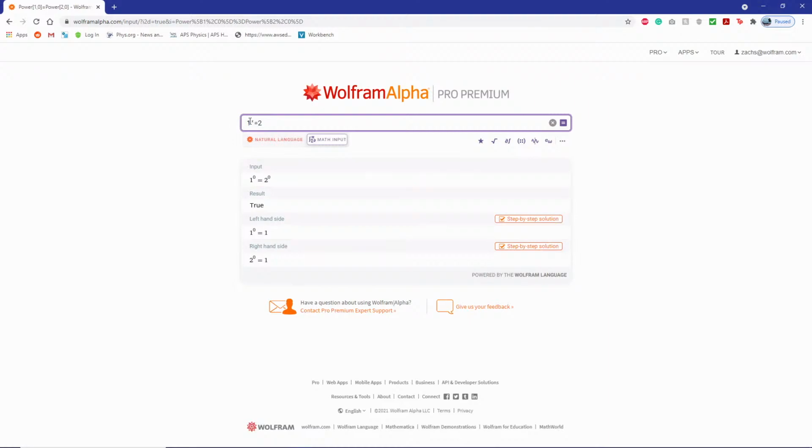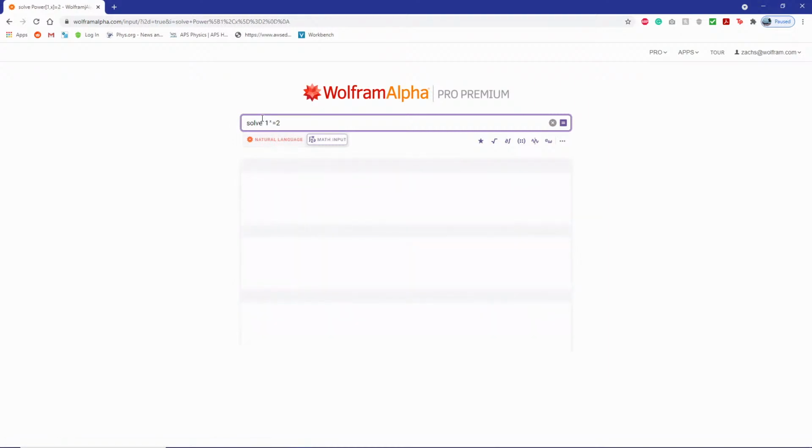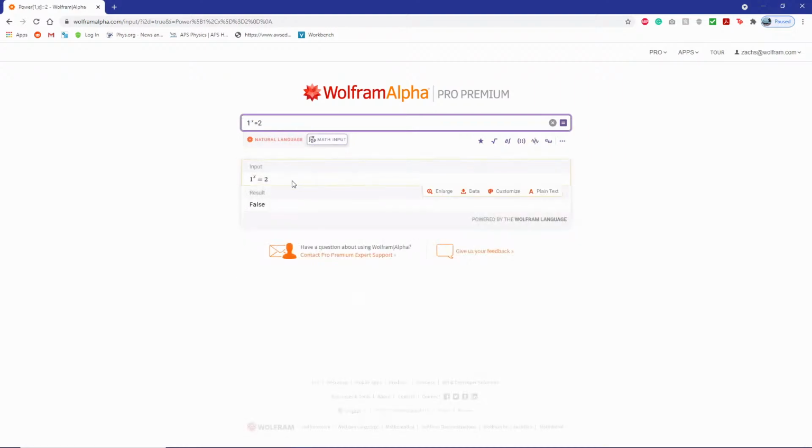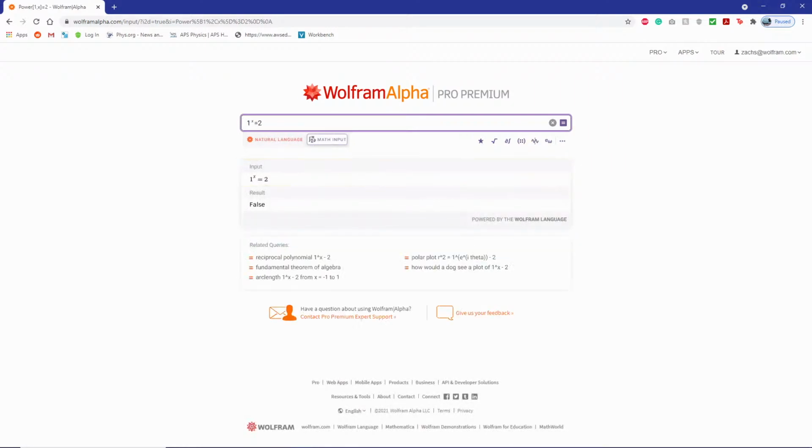Now if I put solve, it should solve for x. And there's no solution. When you have the equal sign, it's just going to say, is it equal? And you're going to say, no, they're not equal. And if you put solve, it's going to attempt to solve it. Now, there's no solution.